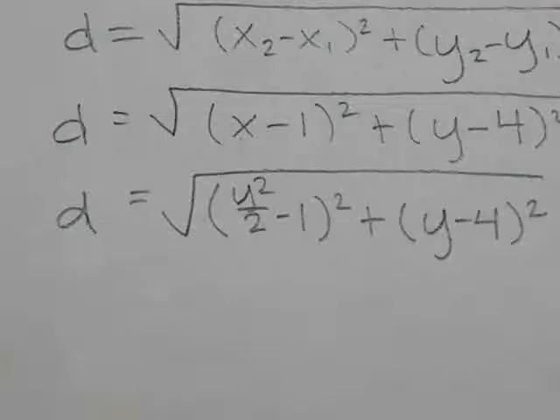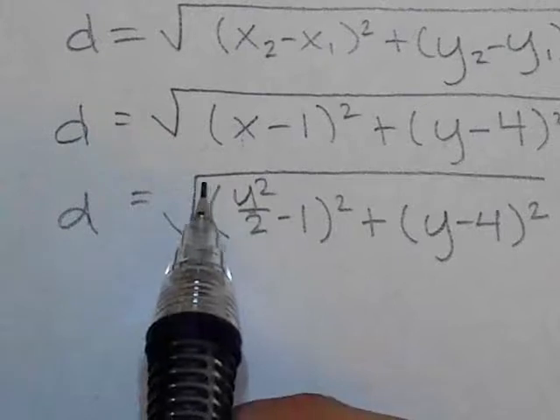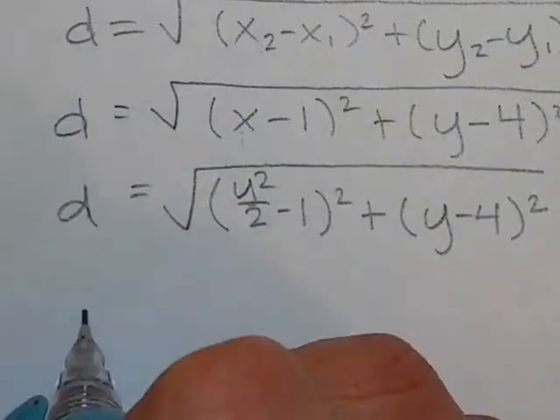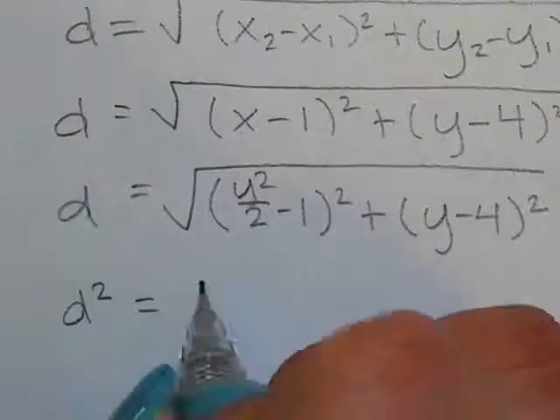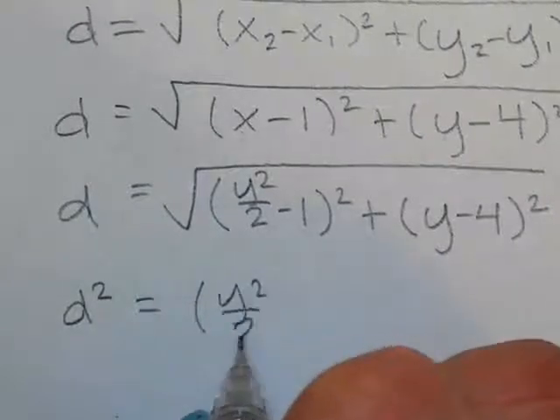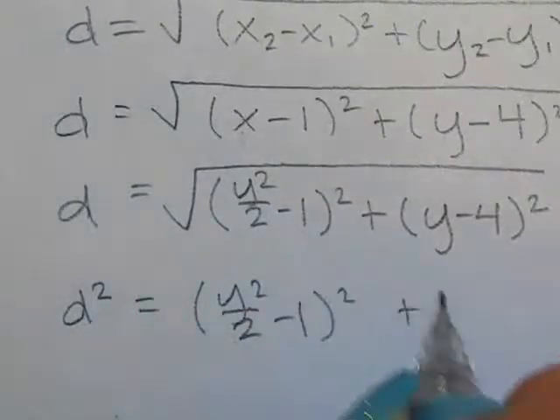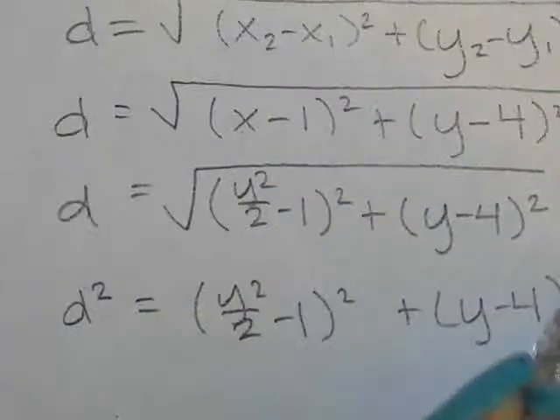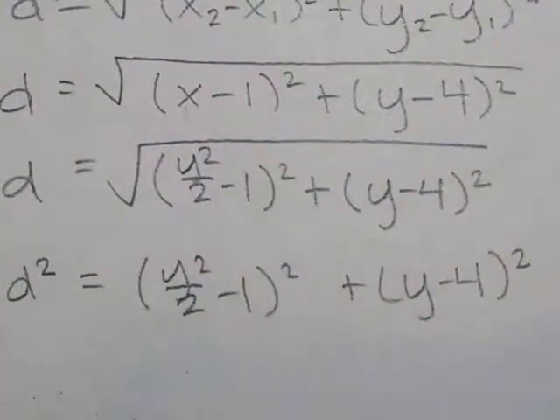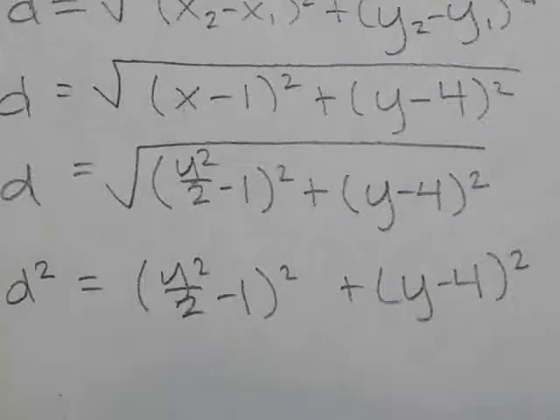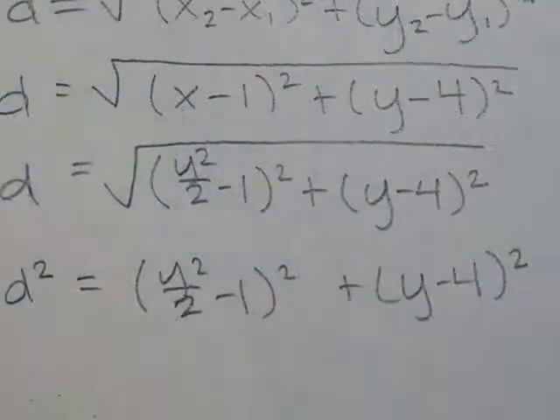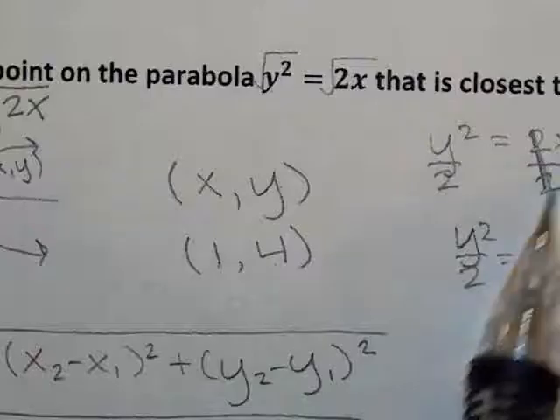So I'm going to say d squared equals (y squared over 2 minus 1) squared plus (y minus 4) squared. So I went back to the original problem, and I did substitution so that I could get it written in terms of one variable.